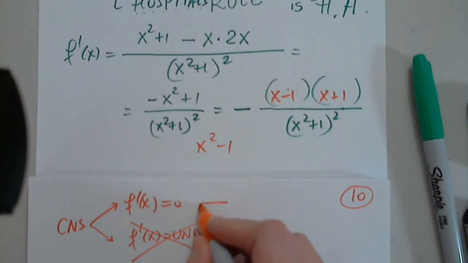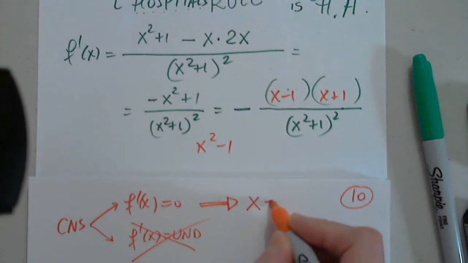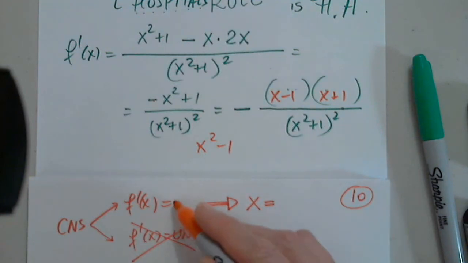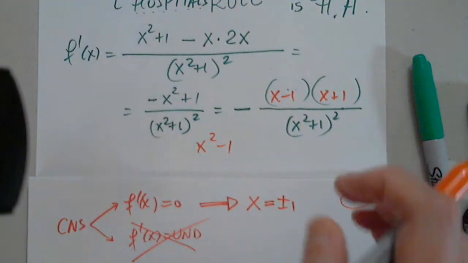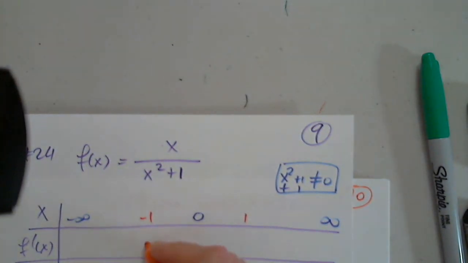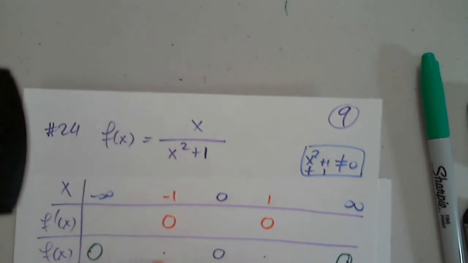That's why I factor, so I don't have to write it again and again. So I know that there are two options. X equals plus or minus 1. So then we have negative 1 and 1, 0 and 0. Immediately determine these values.